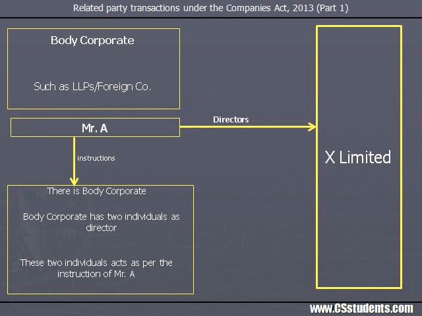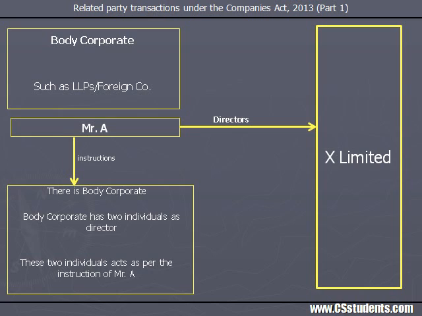Or, the articles of such body corporate say that the board of the body corporate would take all the decisions in accordance with the advice of Mr. A. Or there could be an agreement stating these kinds of conditions. Under law, the reason is not important, that is, why someone is accustomed to act in accordance with the advice, directions or instructions of some other person.